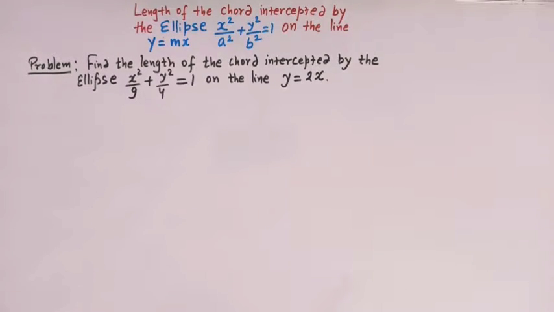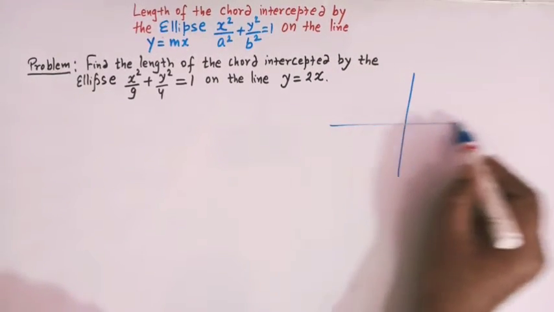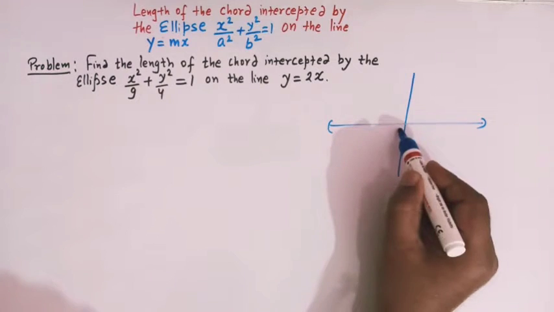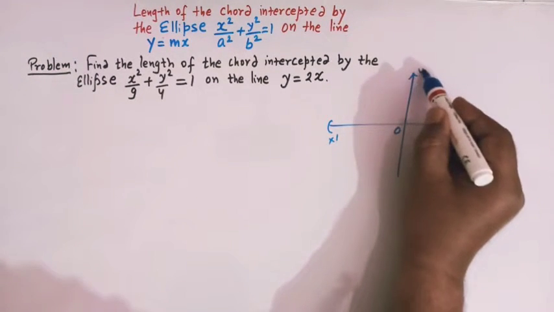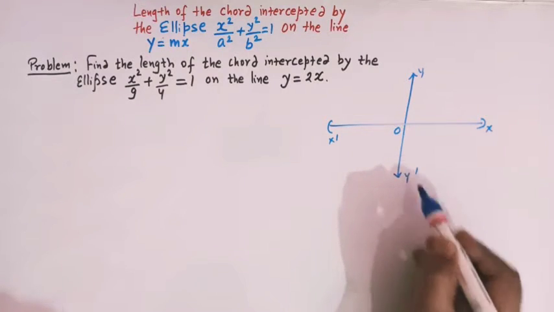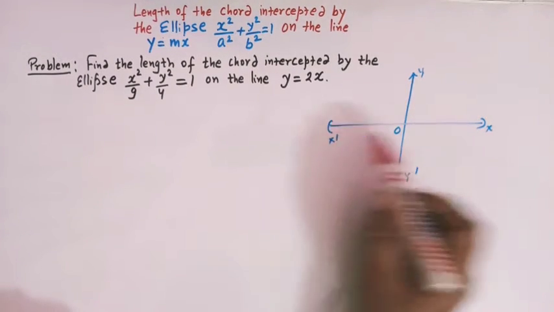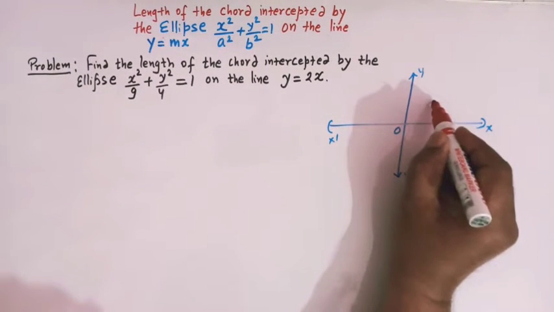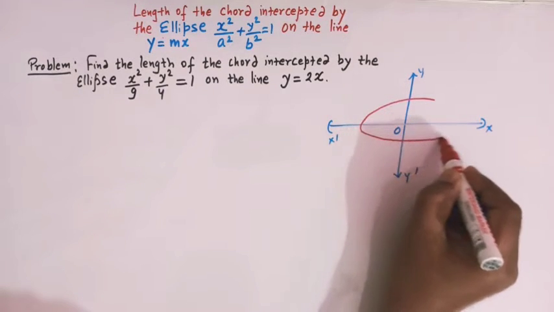So now let us see what we have to do, right? So here we have the coordinate axis, and this is the x-axis and this is the y-axis, right? And here we are going to draw a rough sketch of this problem, and let us take the ellipse like this, right?